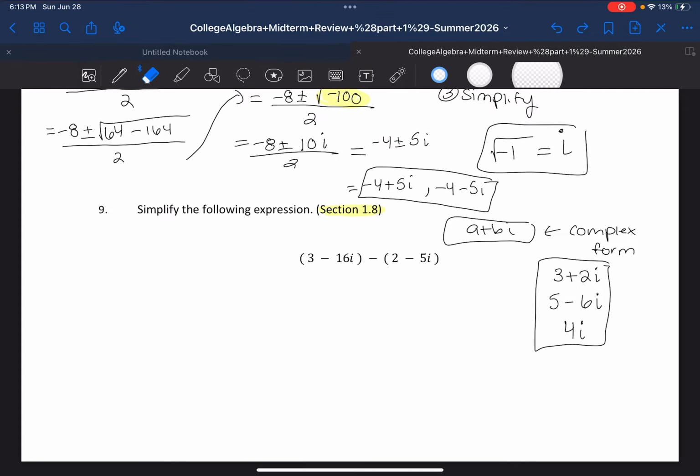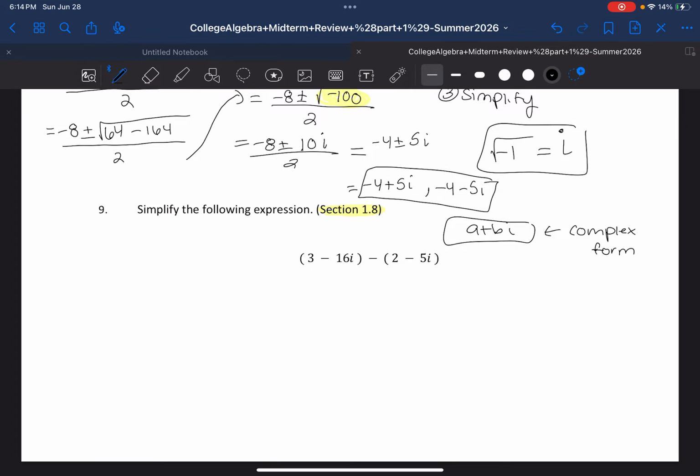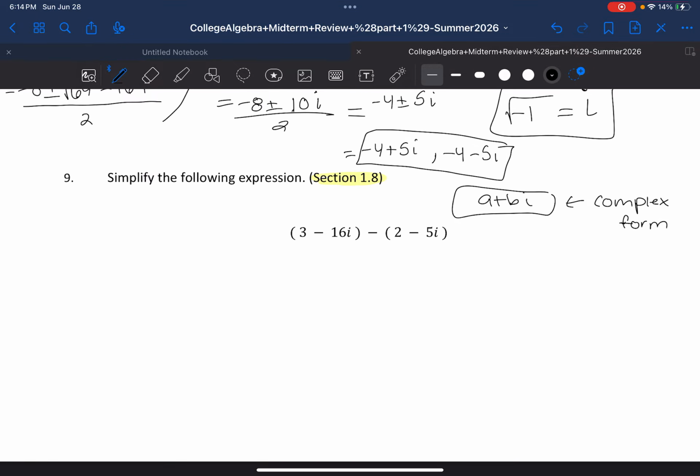All right, so let me erase this so I can have some room. Okay, so on this problem, we're just adding two complex numbers together. The first one is 3 minus 16i, and then minus 2 minus 5i. So I guess technically we're subtracting them.